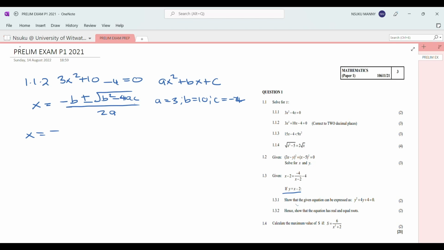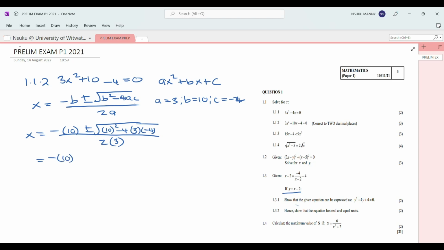So we have minus our b, which is 10, in a bracket, plus minus the square root of b, 10 again, squared, minus 4, our a is 3, and our c is negative 4, all over 2, our a is 3, right? So now we're just going to clean that up.